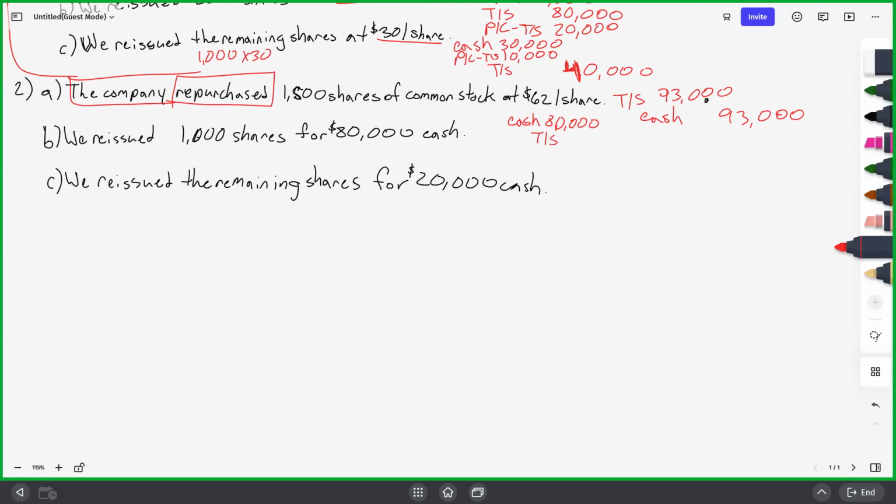Treasury stock, what was the number for that? 62, awesome. All right. Last one, we reissued the remaining shares for $20,000 in cash. What's happening?